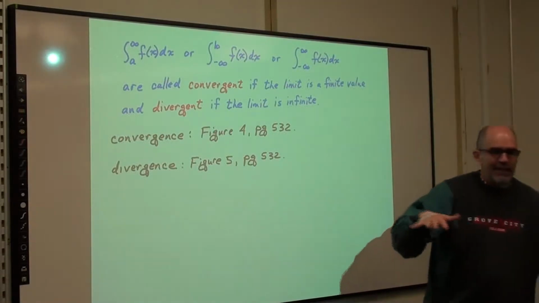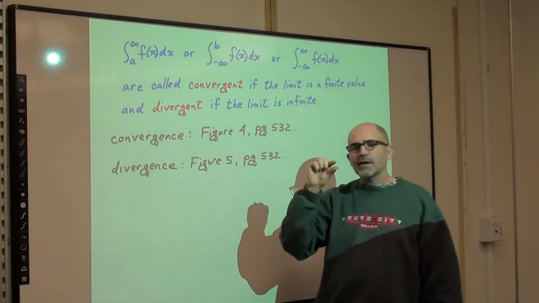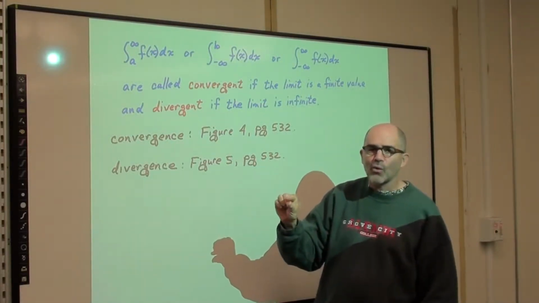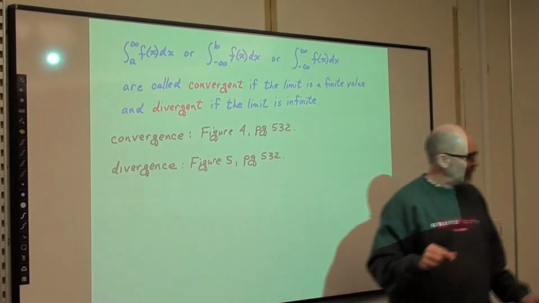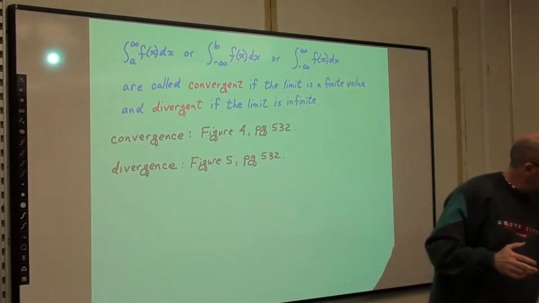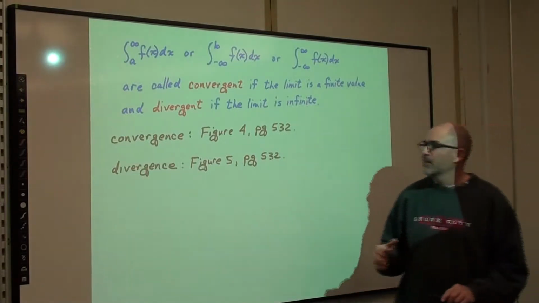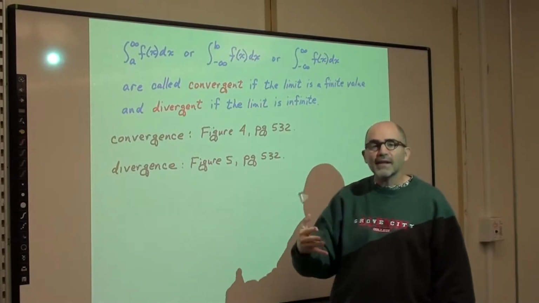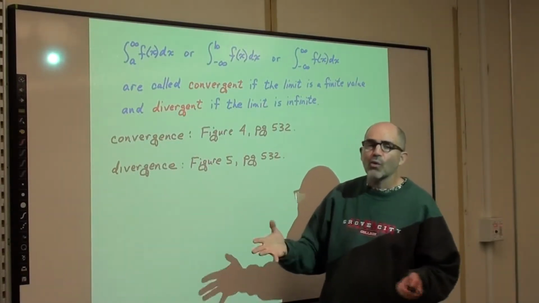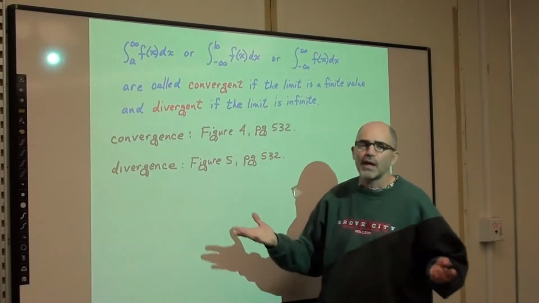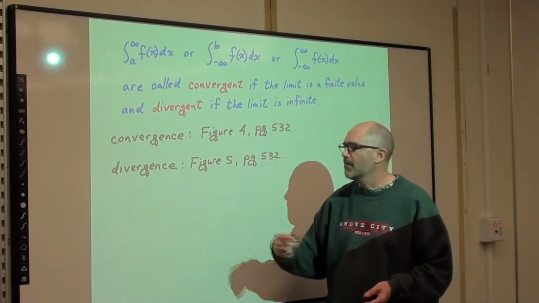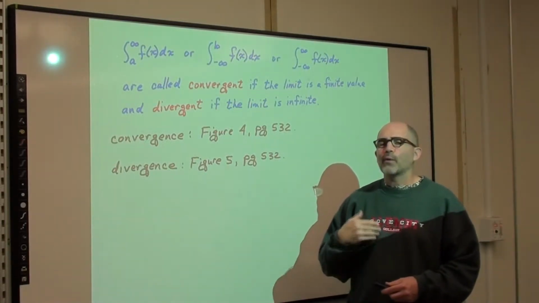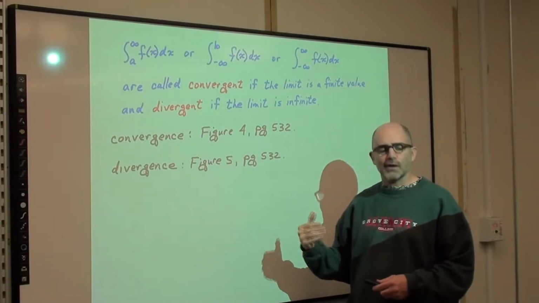You have a finite area because that yellow oil can't seep through the tiny little hole between the curve and the x-axis. But in figure 5, you see divergence where the oil isn't thick enough or the hole is too big to hold the oil, and it's going to seep out and you can't measure it. You have to keep pouring more and more oil in. So that's divergence, and it's infinite. And everyone loves my analogies, of course.